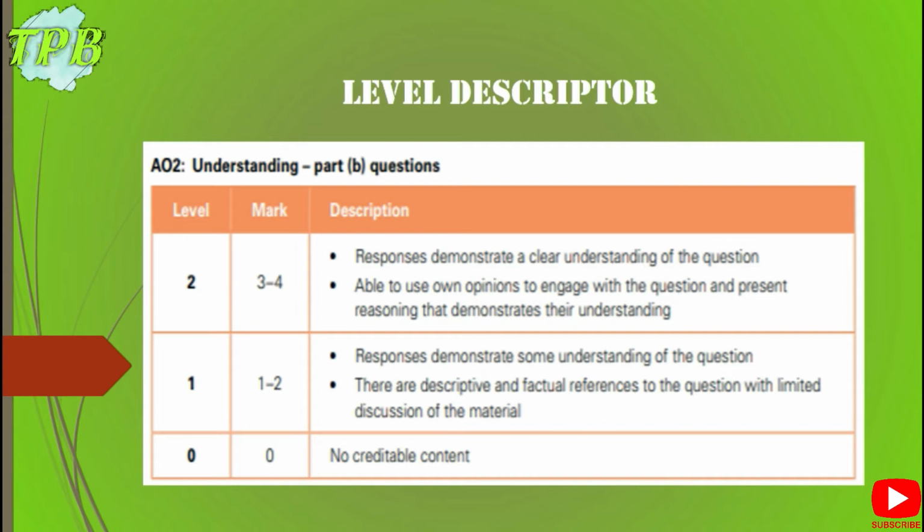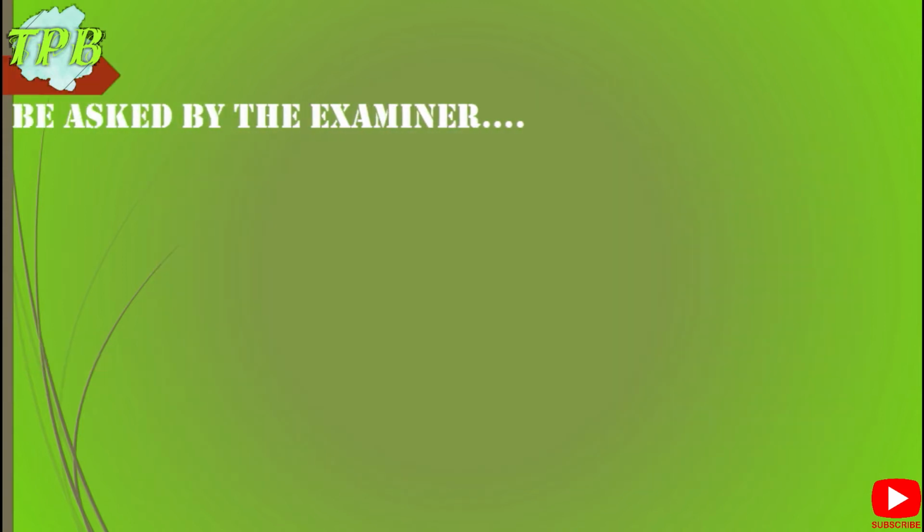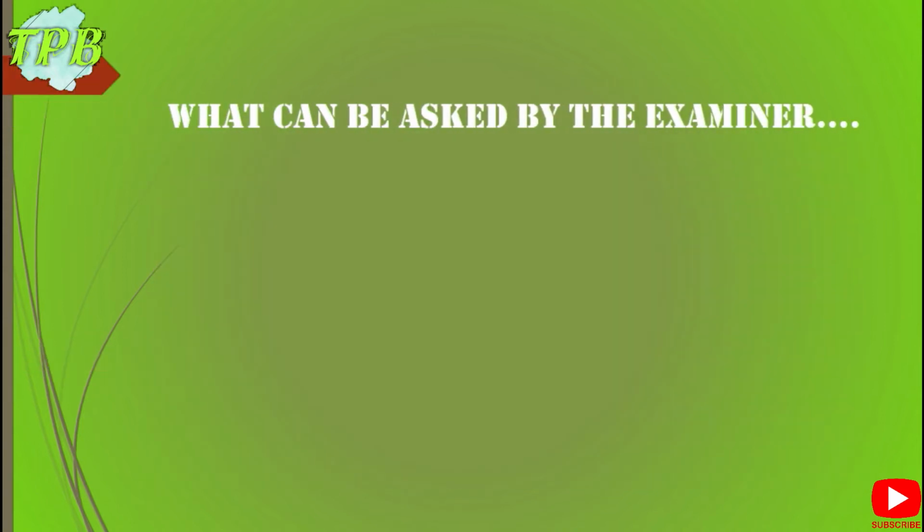Level 2 contains 3 to 4 marks, with responses which demonstrate a clear understanding of the question, and the candidate is able to use opinion to engage with the question and present reasoning that demonstrates their understanding. According to the level descriptor, it is important for a candidate to know what can be asked by the examiner.